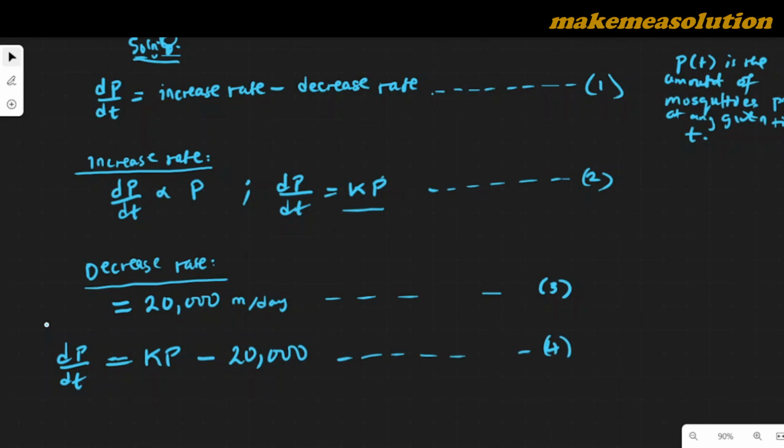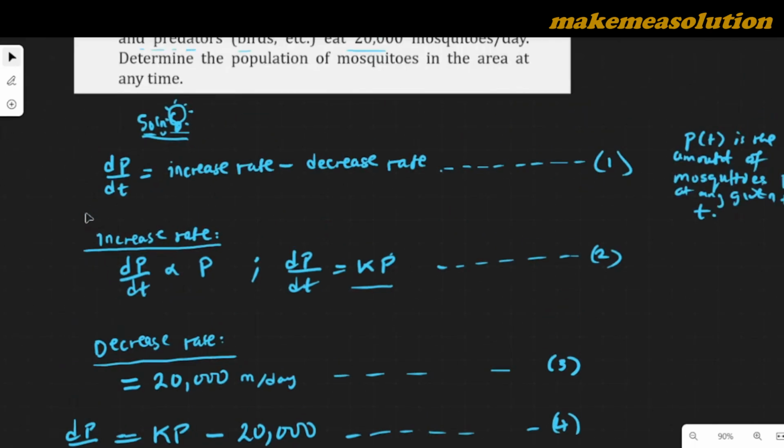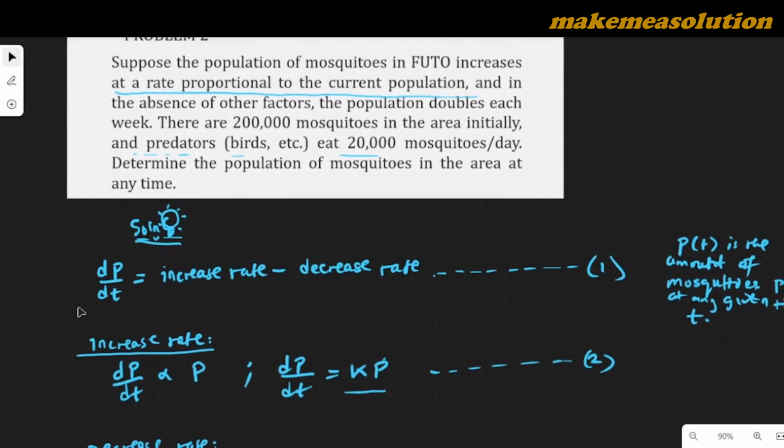Now, solving this particular problem, we are going to work with some other assumptions based on what we have derived from the word problem. Before we solve this problem, first things first, let's determine k. So how do we determine k for this particular problem? Now go back to the question.